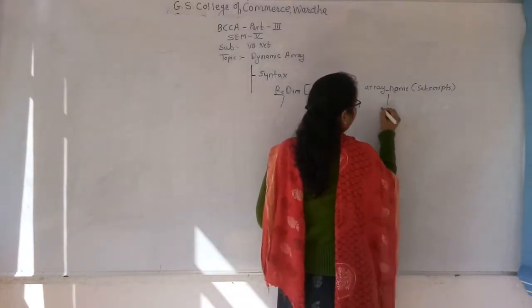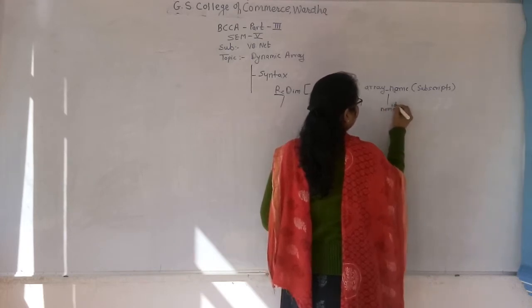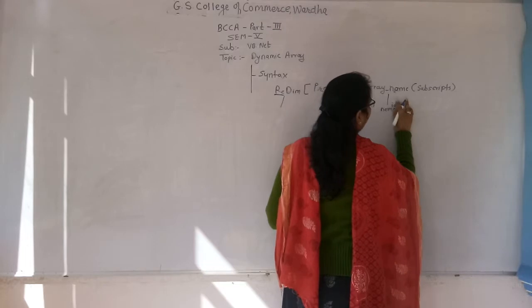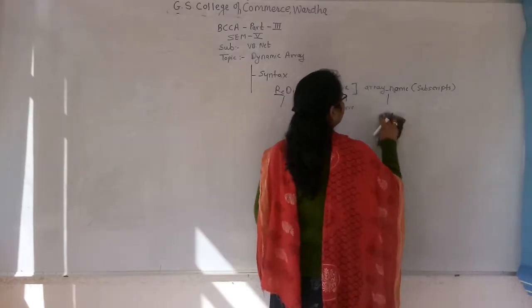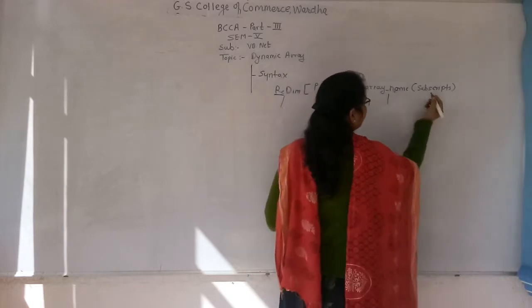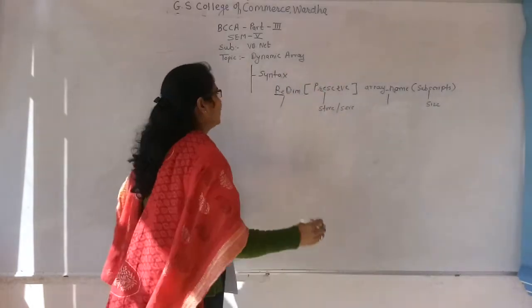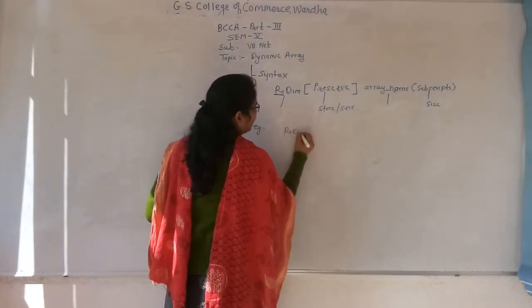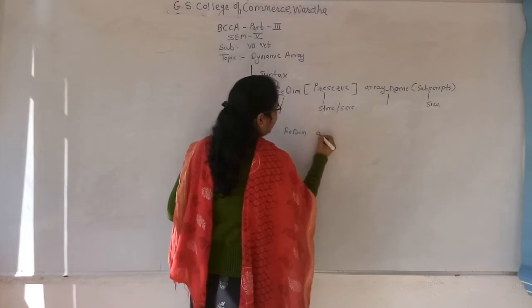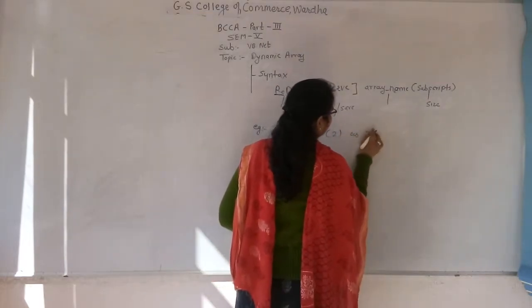This is the name of the array, or we can say the identifier, the name of that particular array or variable which is used to store the elements, and this is the size. Subscript means size. For example, ReDim A2 as Integer.